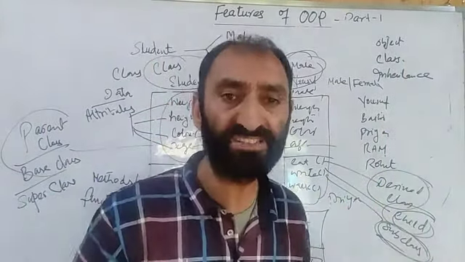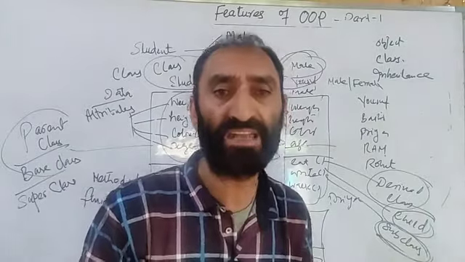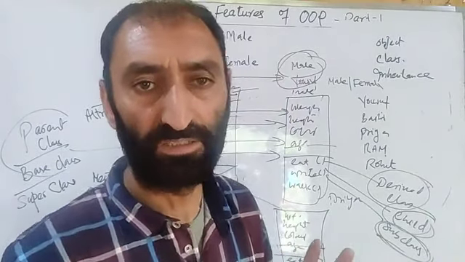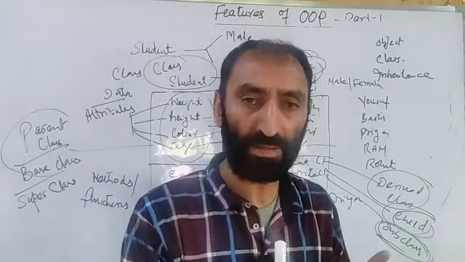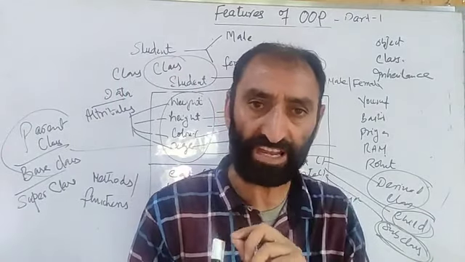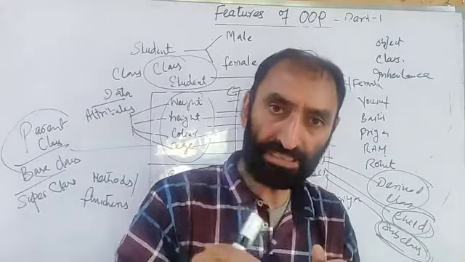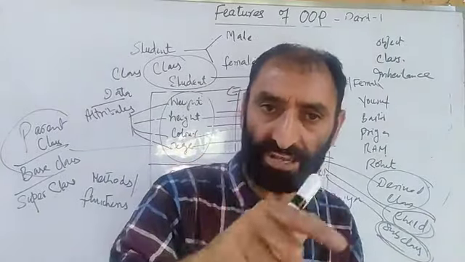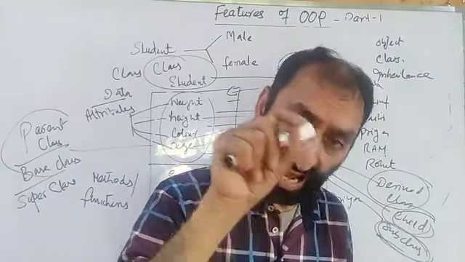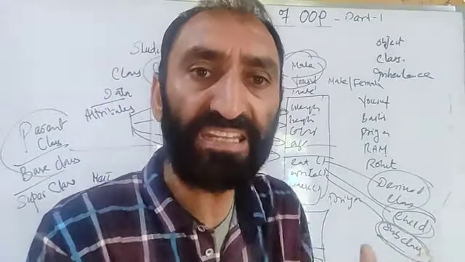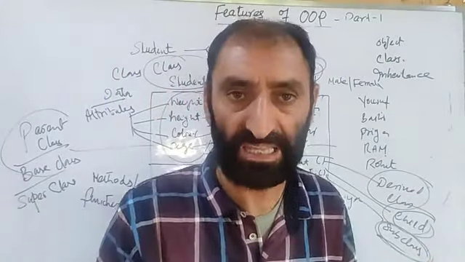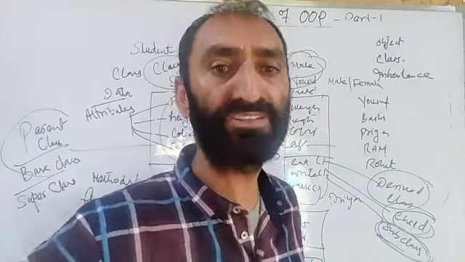And in real life, if any parent has a son, the property of the parent is going to be inherited by the child. And in addition to that, the child can acquire some new property. He can purchase some new property, he can purchase a car.